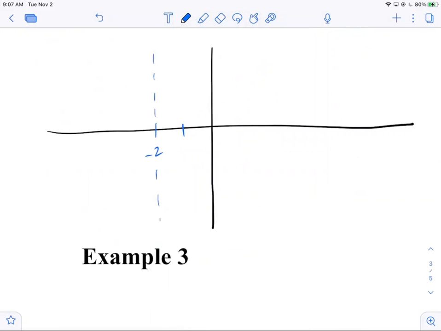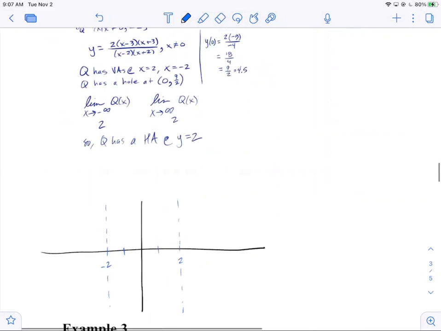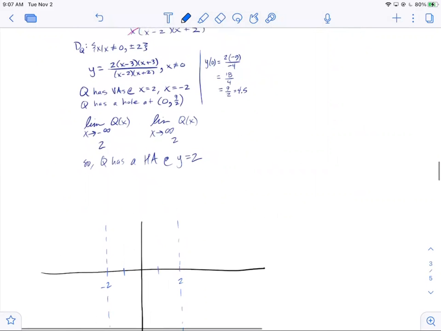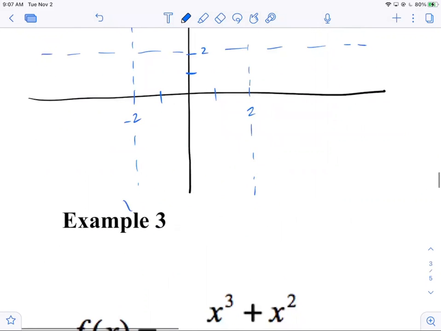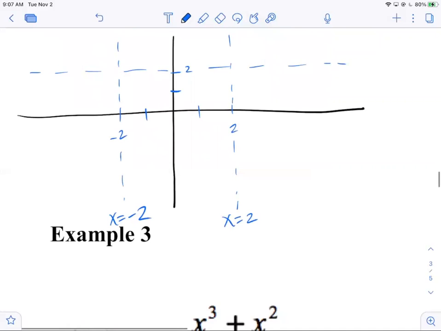It's a little bit faster than switching. +2. Something like that. I've got the horizontal asymptote, which is at +2. So I'll put that up here. All right, and then I'll label everything. We got x equals -2, x equals 2, and y equals 2.